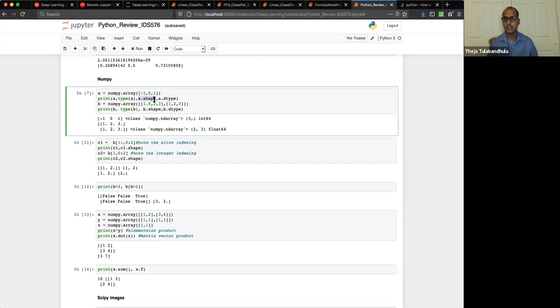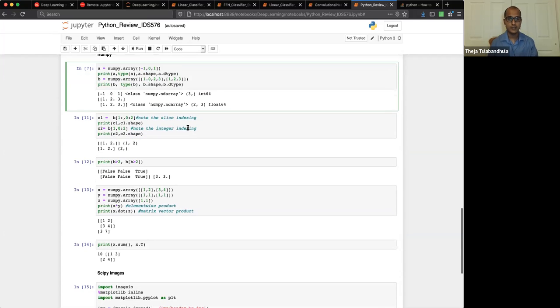So every time you are confused about what the shape of a particular array is, whether it's 2 dimensions and how many rows and columns, you can call dot shape, and you can also see the data type of the array. Because the numbers were all integers, it's int64. And if you have a float in there, then the whole array will have the data type float.